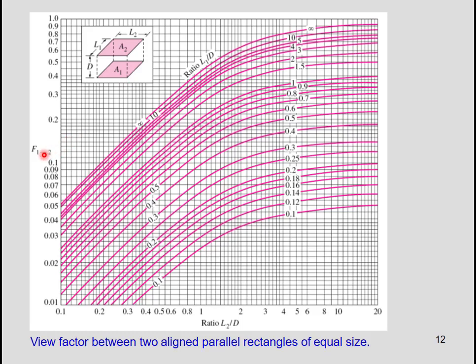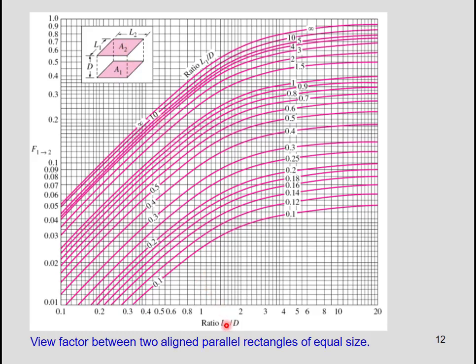As I told you, view factor means the fraction of the radiation which strikes from surface 1, for example, here to surface 2. So the bigger surface 2 is compared to surface 1, or the closer they are to each other, the higher the fraction of radiation from surface 1 that will strike surface 2.